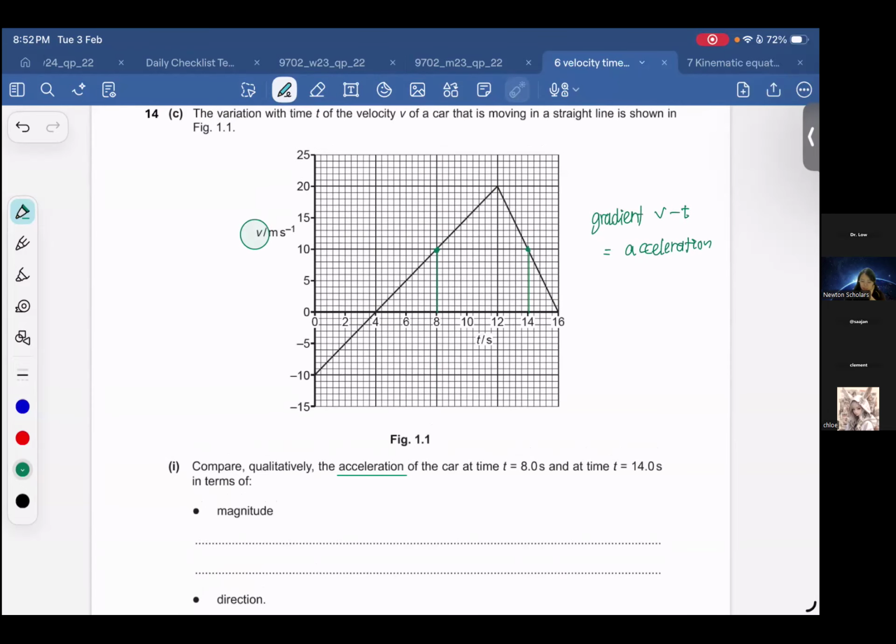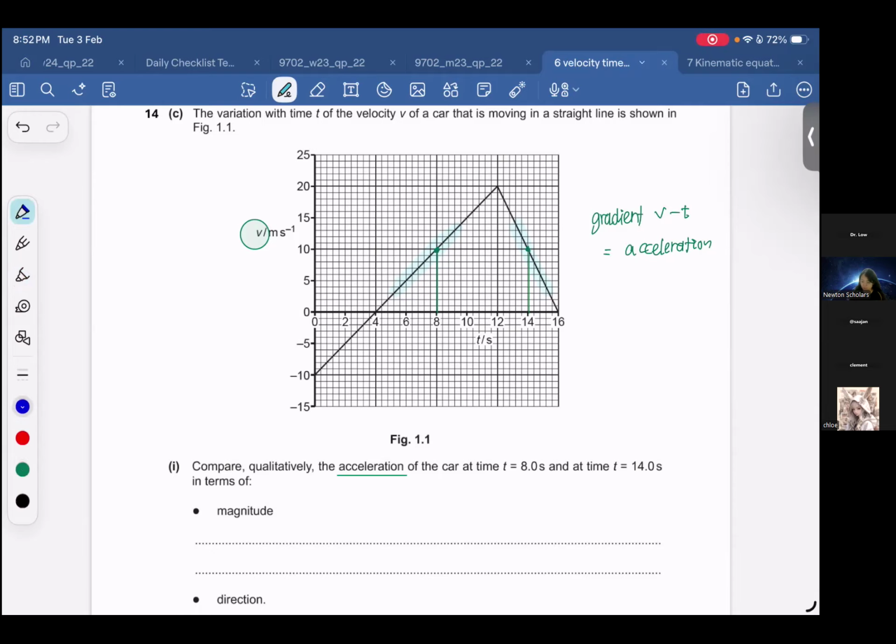So at this point, the gradient compared to this gradient is the magnitude of your acceleration. Which line is steeper? Actually, at time 14 seconds, that is the steeper line. That means the magnitude of acceleration at x seconds is less.